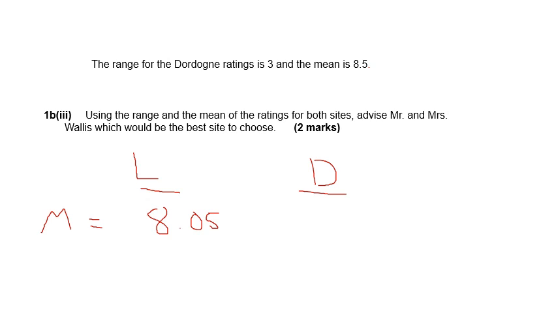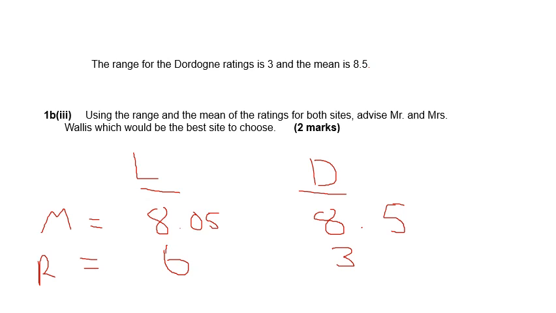Okay, and the mean for Dordogne, which we've been given there now, is 8.5. Okay, the range for Loire, which we worked out in our previous question, is 6. And the range for Dordogne, which we've just been given here, is 3.